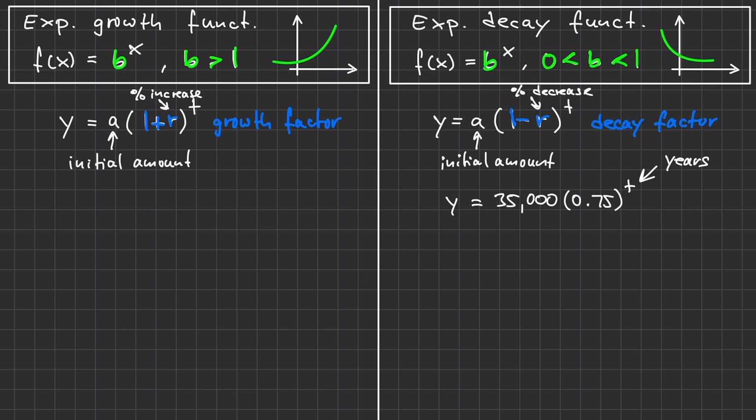Now, how can we tell whether the model represents exponential growth or exponential decay? That's simple. The only thing we have to check is the base, which is 0.75, which is greater than 0 and less than 1. So the model represents exponential decay.